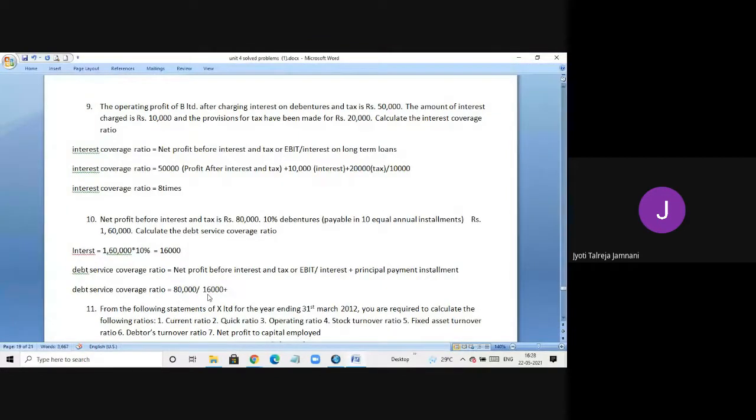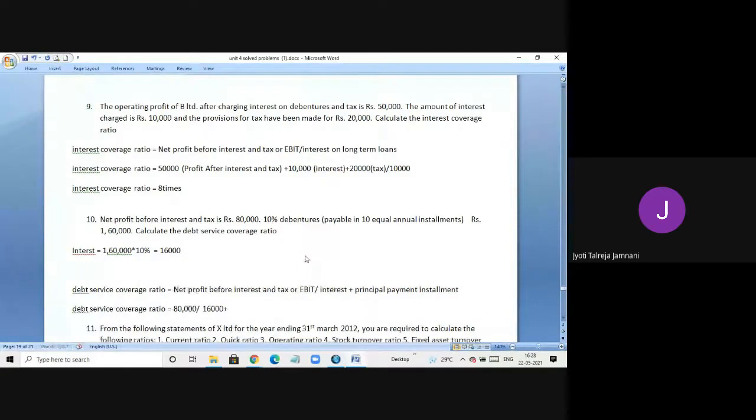So interest is 16,000 plus principal payment installment. So how are we going to repay this particular loan? They have said payable in 10 equal annual installments. So 1,60,000 is paid in 10 installments.